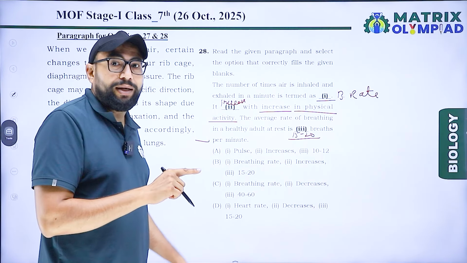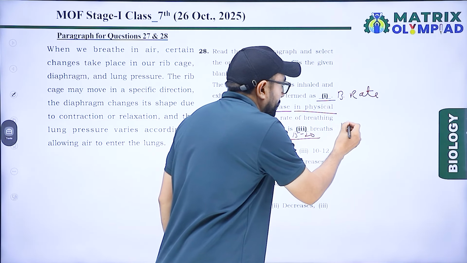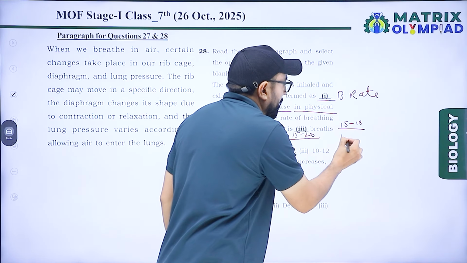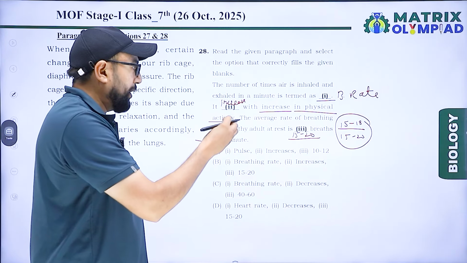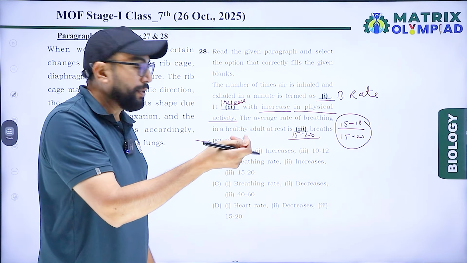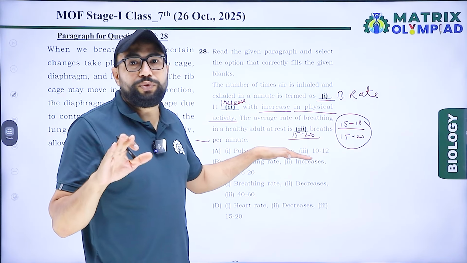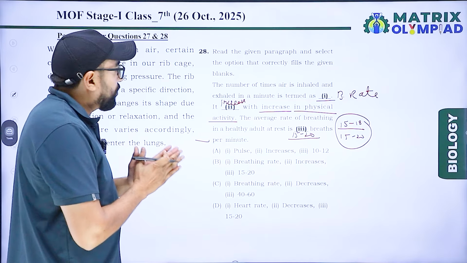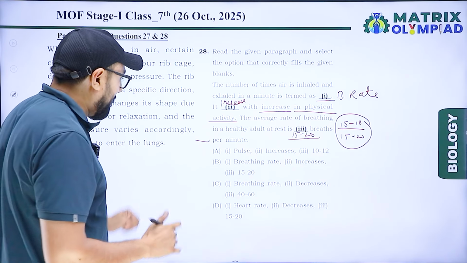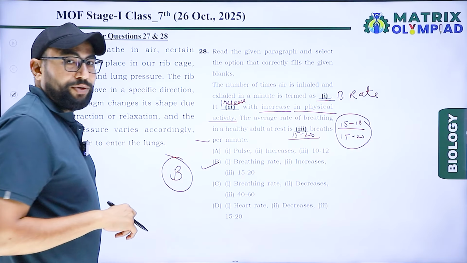It is slightly higher in females, like 15 to 18 in males and 15 to 20 in females, approximately 1 or 2 up and down, but the average is 15 to 20. According to this, the right answer is option B. B is correct for this question.